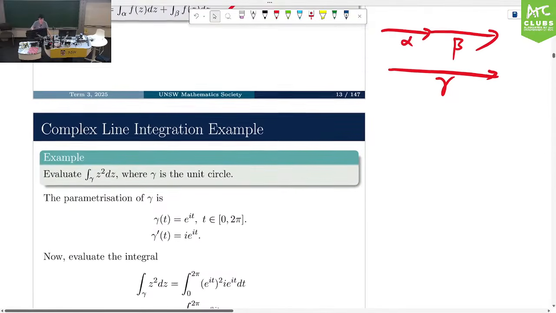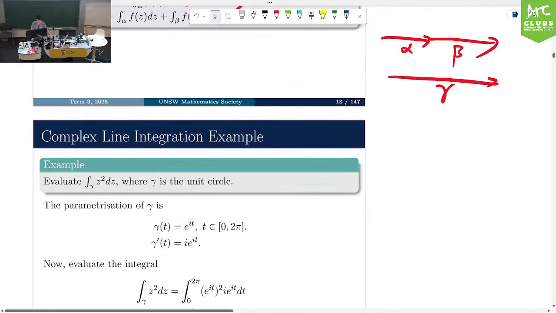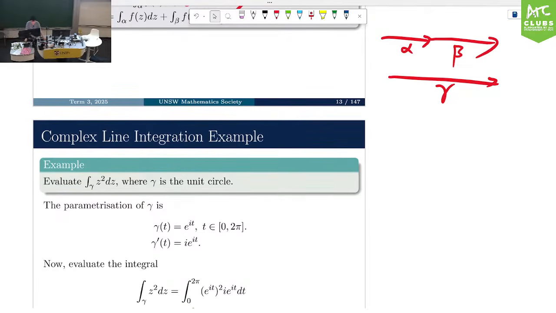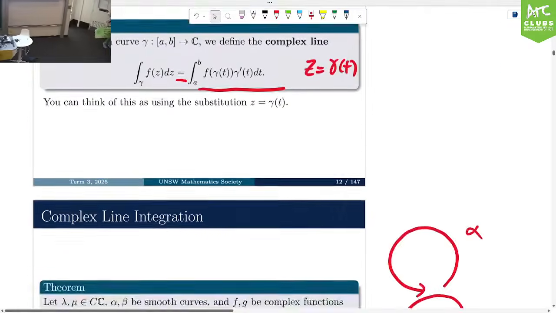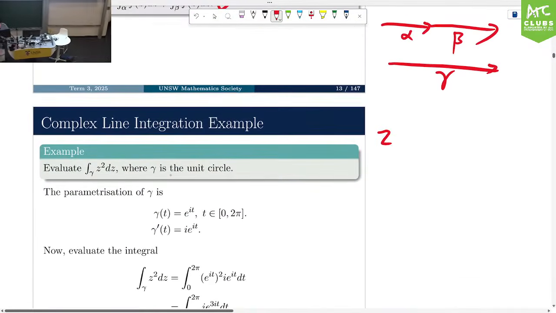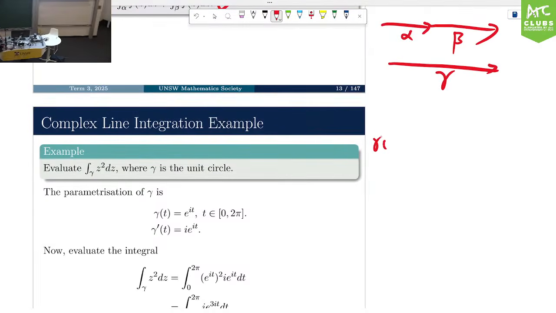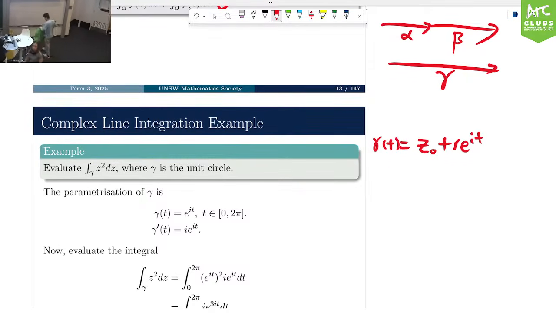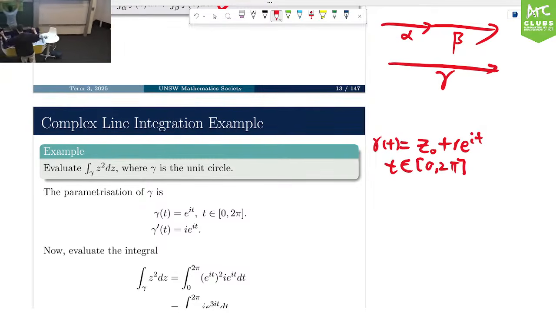So this is an example of a complex line integral. We want to integrate z squared over the unit circle. We have seen before how to parameterize circles, so let me scroll back to there. We can parameterize circles by gamma of t equals z0 plus r e to the power of it, where t is between 0 and 2 pi.